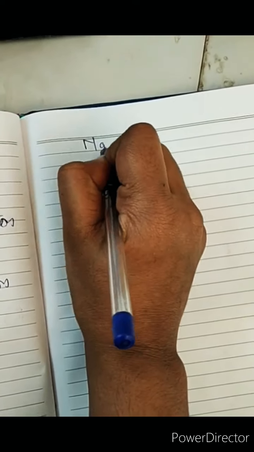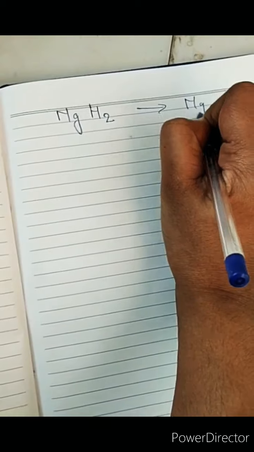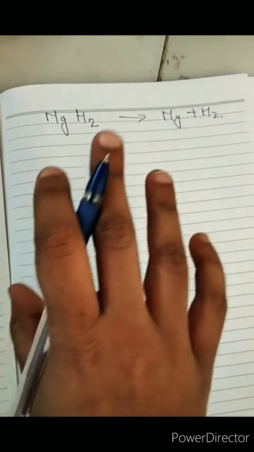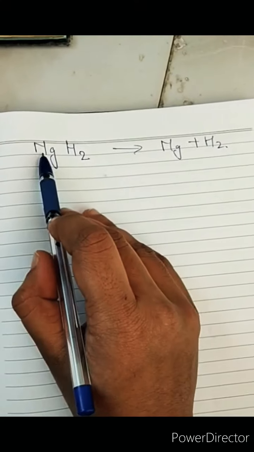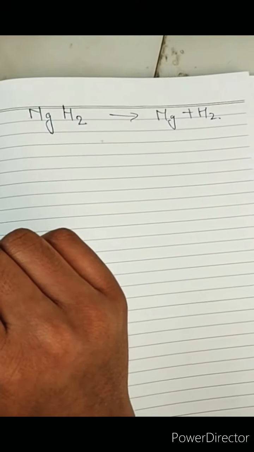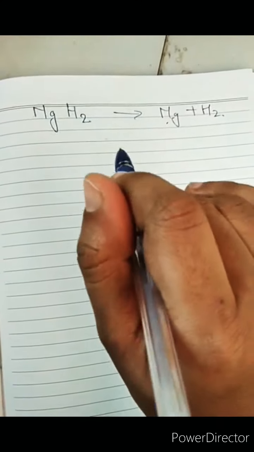We have MgH2, that will give you Mg and H2. Now friends, look, here magnesium is attached with hydrogen, but after reaction it forms magnesium plus hydrogen.